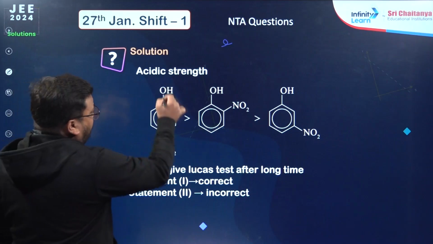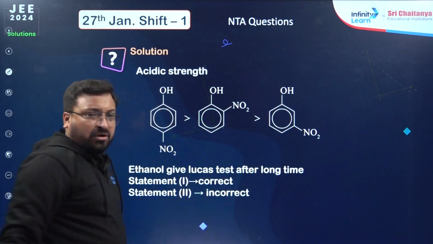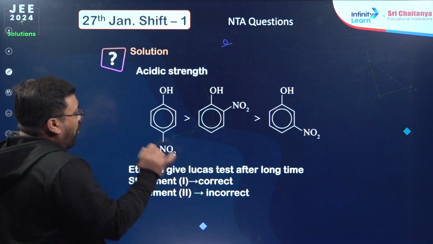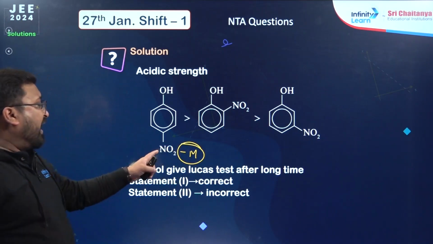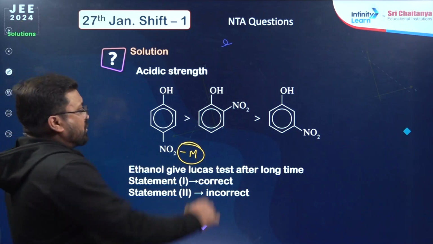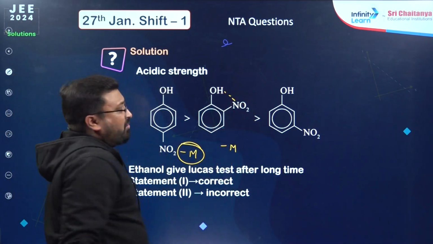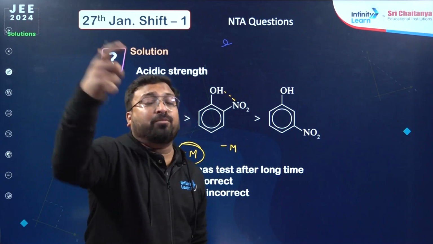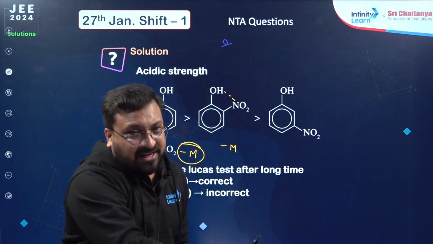So this is para-nitrophenol, this is ortho-nitrophenol, and this is meta-nitrophenol. You all know the minus M effect will only dominate at the ortho and para positions. Here there is also minus M, but there is also the chance of intramolecular H bonding. You have already studied this in the chemical bonding chapter, even in NCERT.